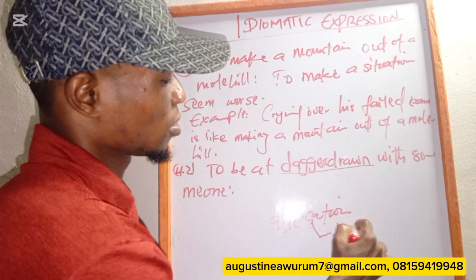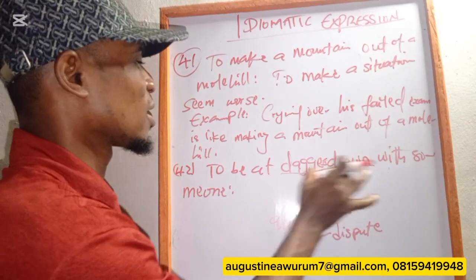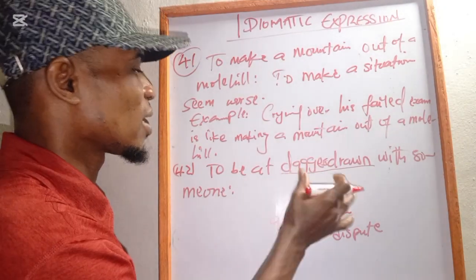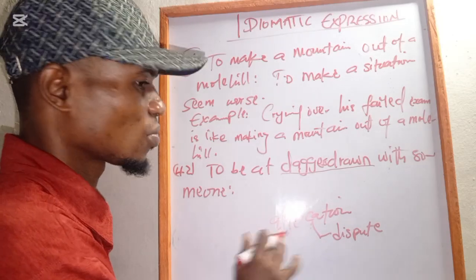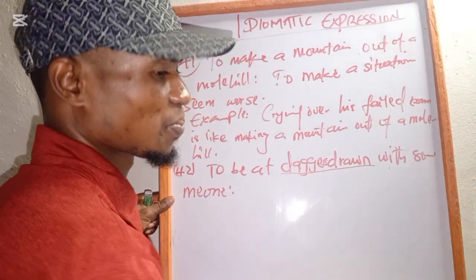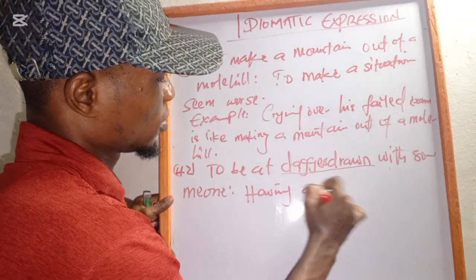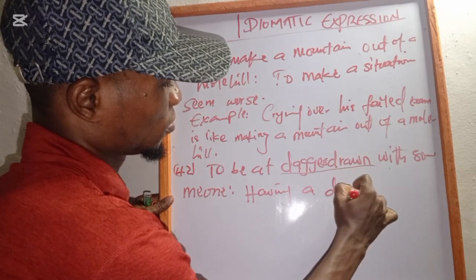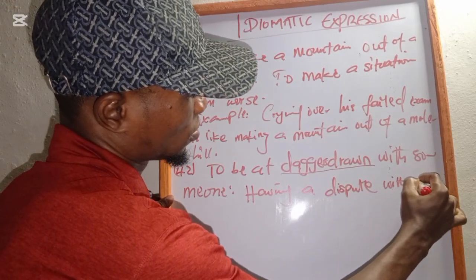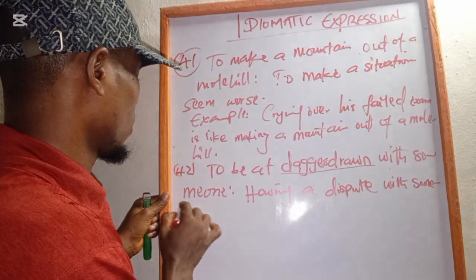Altercation simply means a dispute. Are you seeing it? Altercation, dispute. So when you are at daggers drawn with someone, you are having a dispute with someone.